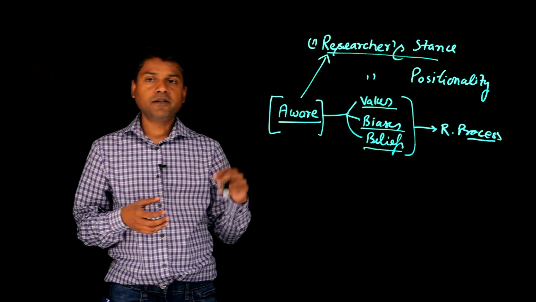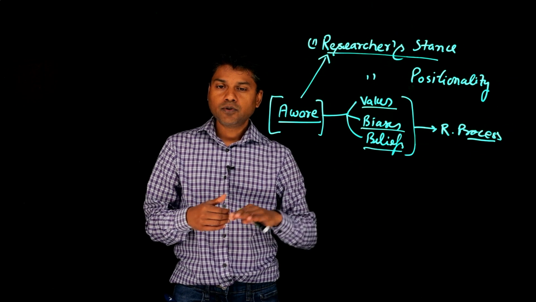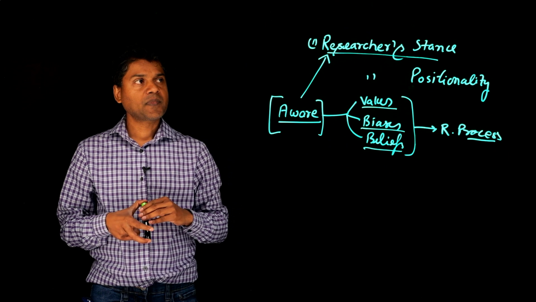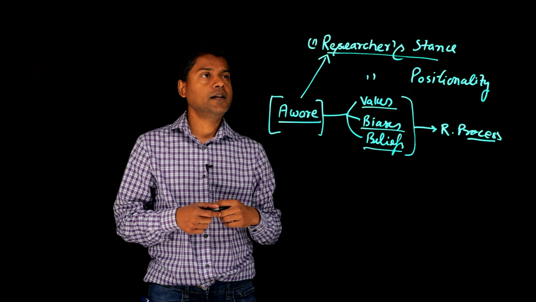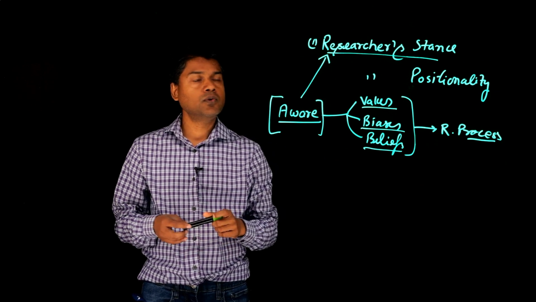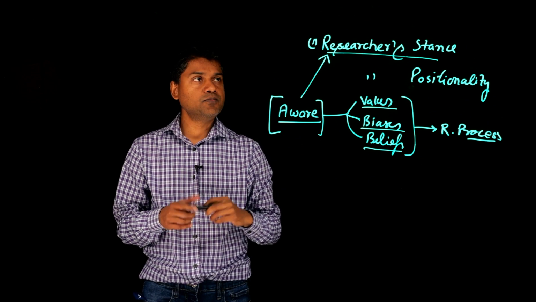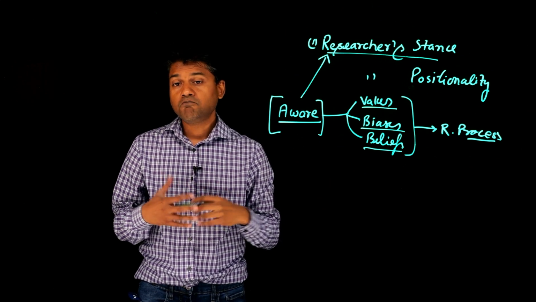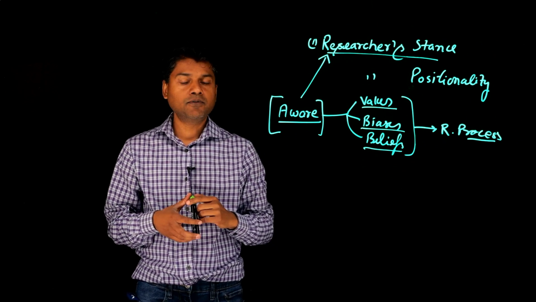You reflect on these questions, and that helps you to minimize the biases in the research. And when you write your research article, you have a subsection under methods where you talk about your own positionality in this whole process. So this is briefly about researcher stance that we use as qualitative researchers to ensure a high level of trustworthiness.